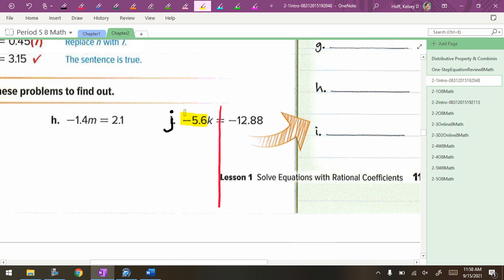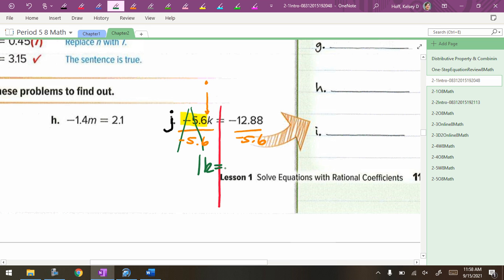Negative 5.6. It's a decimal. Cool. This is one of those easy ones. I'm really multiplying here. To undo multiplication, I use division. So I'm going to divide both sides by negative 5.6. A negative divided by a negative is a positive. 5.6 and 5.6 cancel to be 1k.